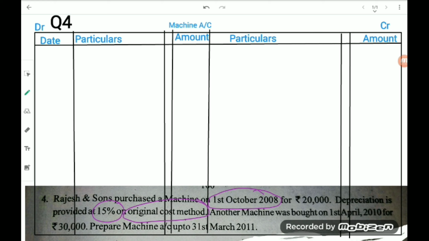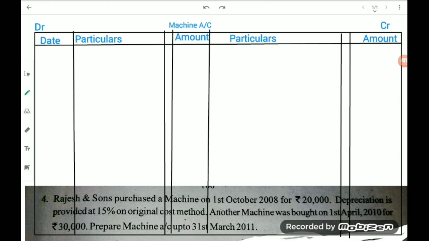So see here, the other machine was purchased on 1st April 2010 for 30,000. So we need to draw the account up to 31st March 2011.